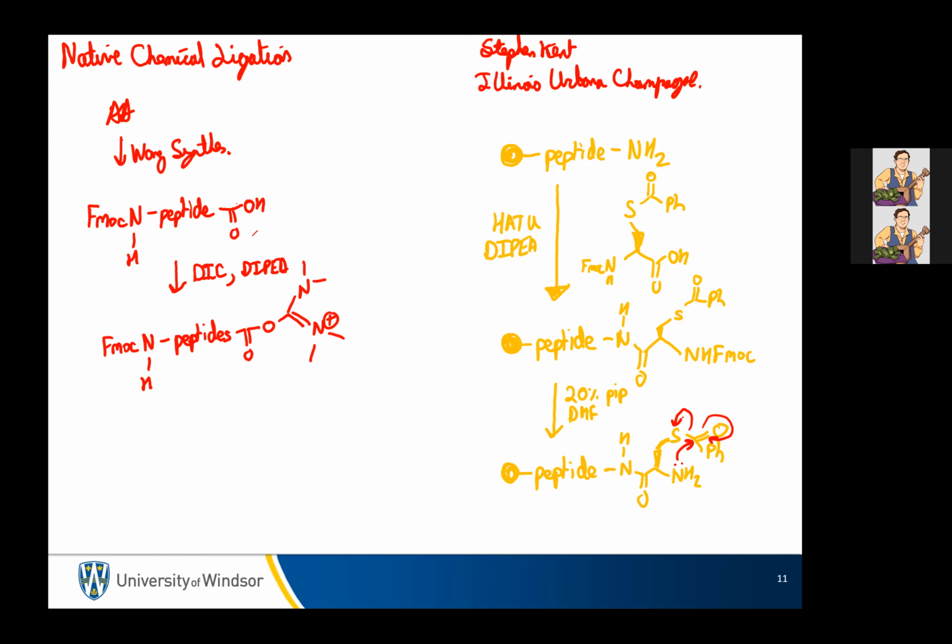And what you quickly end up doing is an acyl transfer. So what was protecting the sulfur is now protecting the nitrogen.